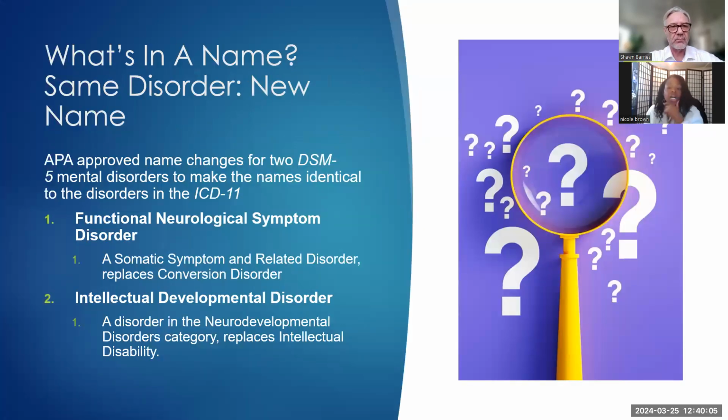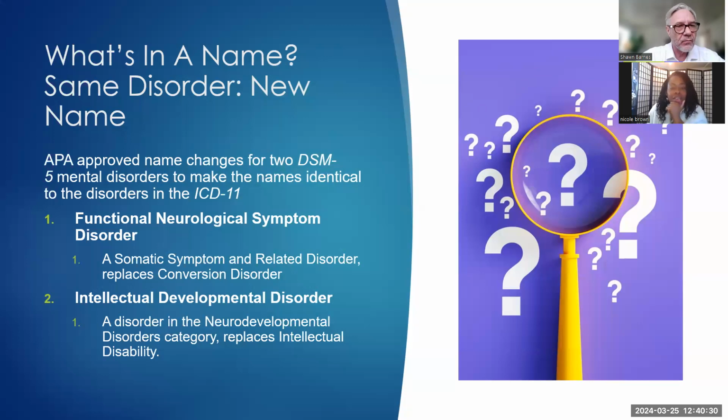Okay, so it says what's in a name for a good reason. Remember we were talking about fetal alcohol syndrome, which they're now calling neurobehavioral disorder associated with prenatal alcohol exposure. That's a mouthful, but they are renaming a lot of the diagnoses here.